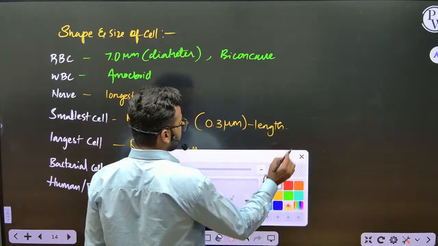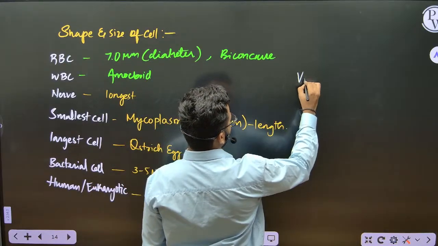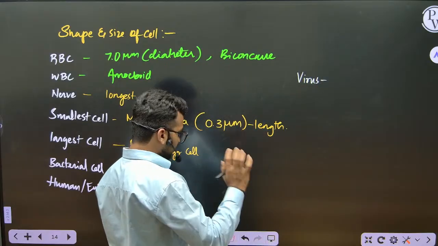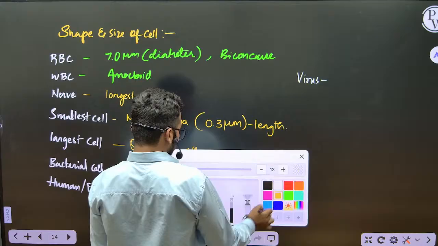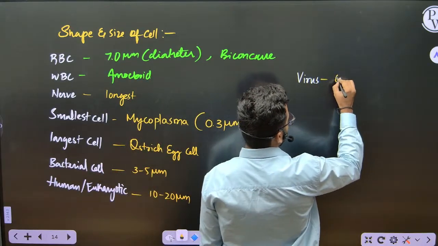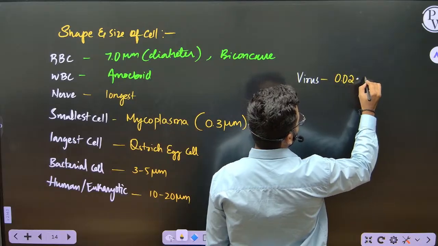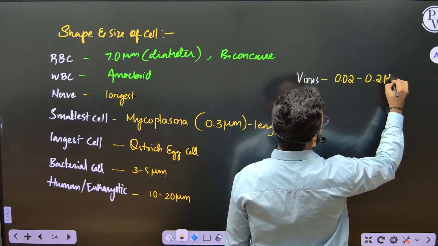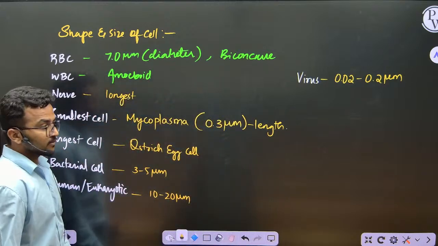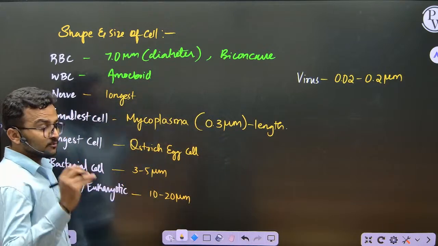Virus is different again. We call it not a living cell, but when it comes in contact with a host, it will be living there. Virus measures around 0.02 to 0.2 micrometer, so that is the size of a virus. So you might get a question there.